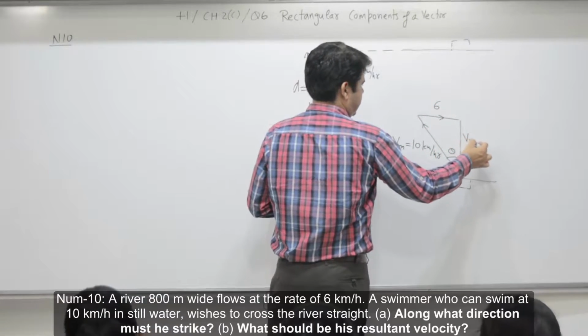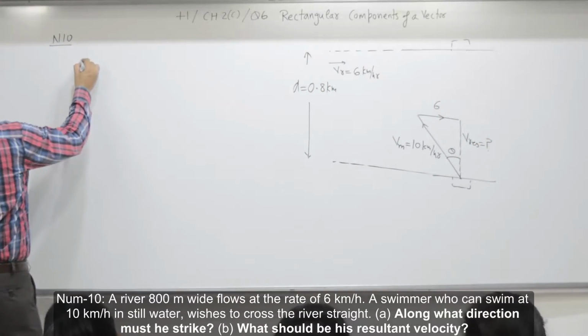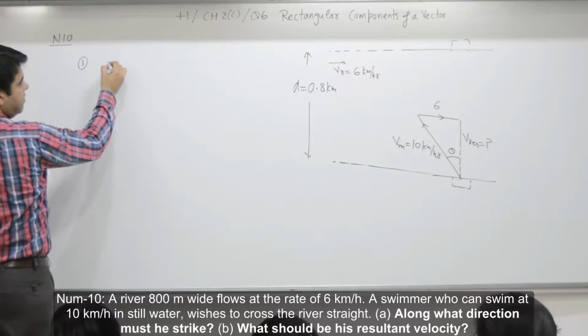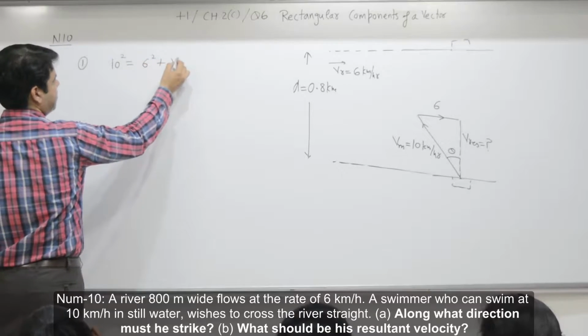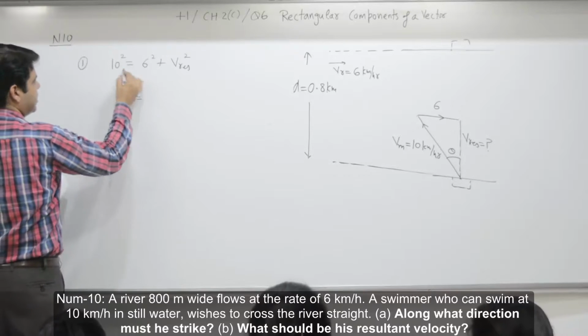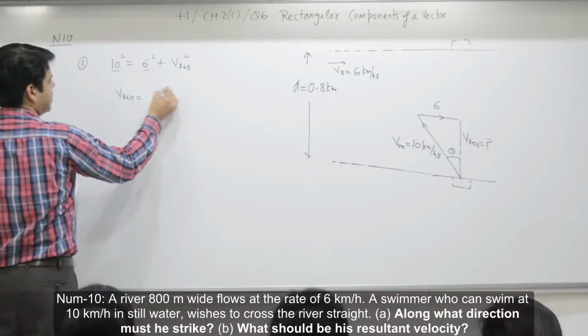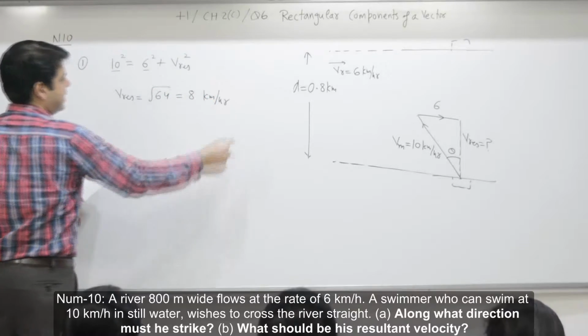What is the resultant? Yes, first part. Along what direction? I will solve 10 square is equal to 6 square plus V resultant square. V resultant square is equal to 100 minus 36, 64, and root comes out to what? 8. So the resultant is 8 km per hour.